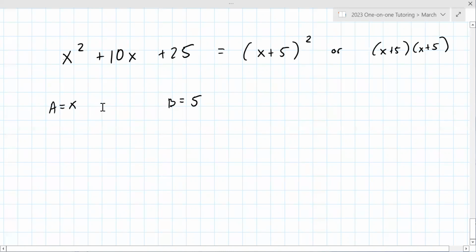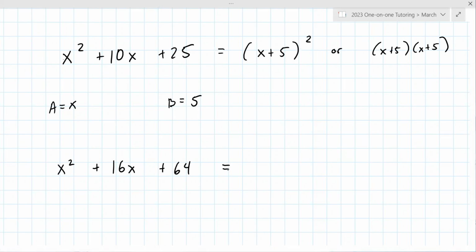Okay, so here's one for you to try: x squared plus 16x plus 64. Can you tell me what this becomes when you factor it?